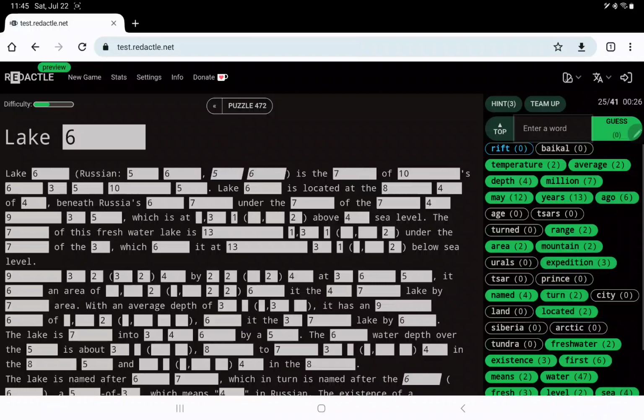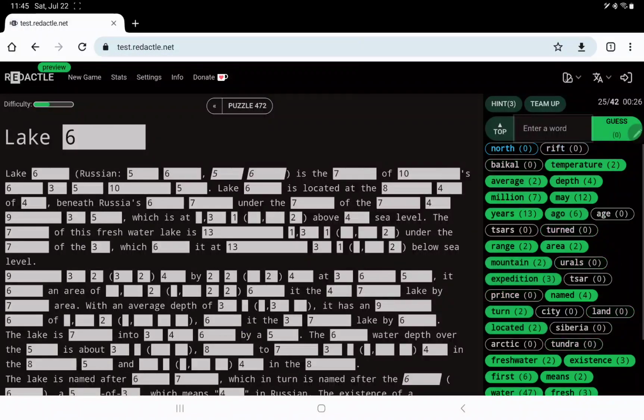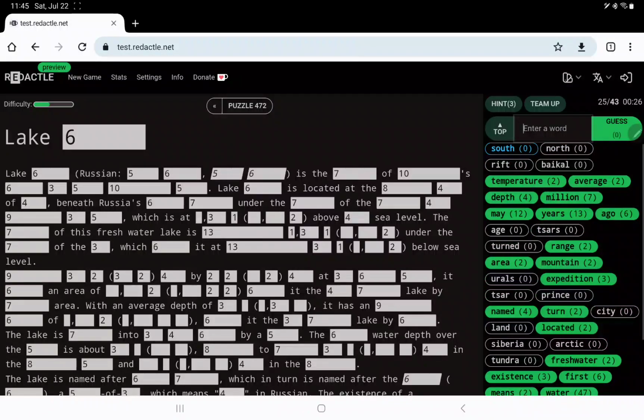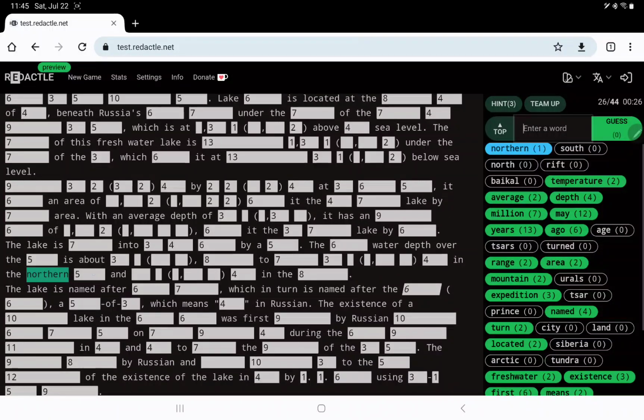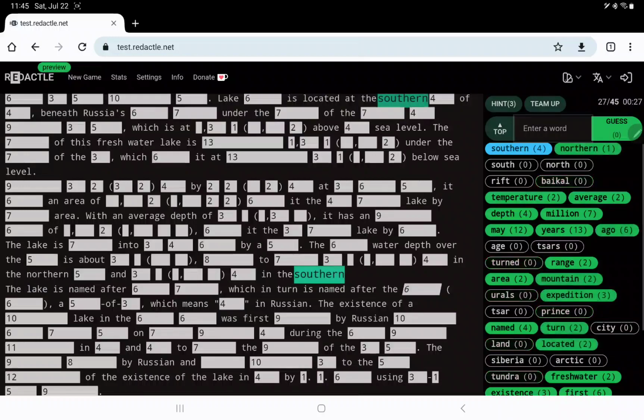Um, all right, let's try some directions. North, south. I did think maybe northern. Okay, in the northern 5. Oh, I think it's the northern something of the lake, and then something in the southern.